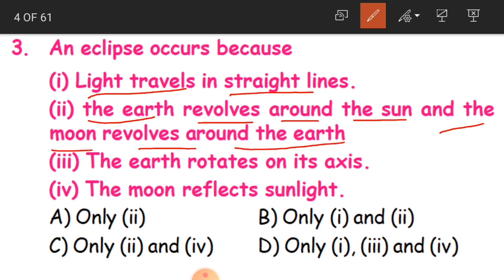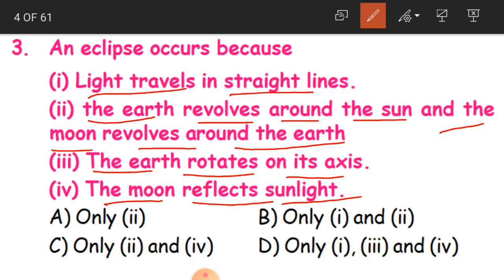We have learnt that the earth revolves around the sun and the moon revolves around the earth. The third option is the earth rotates on its axis. The fourth one is the moon reflects sunlight.